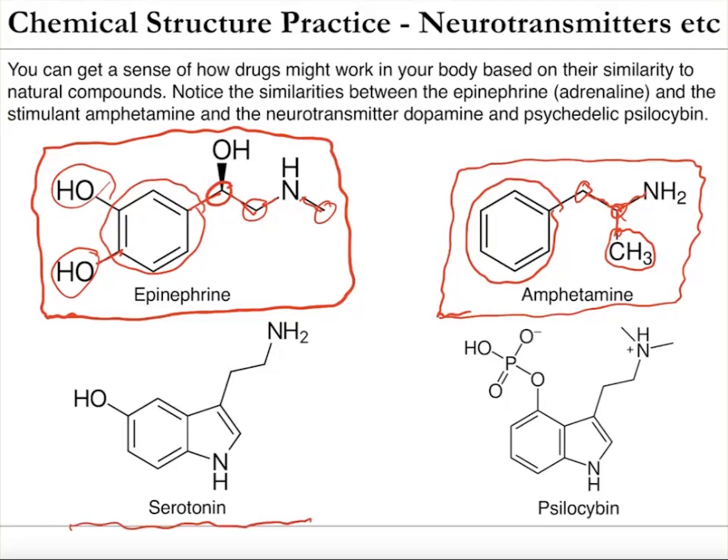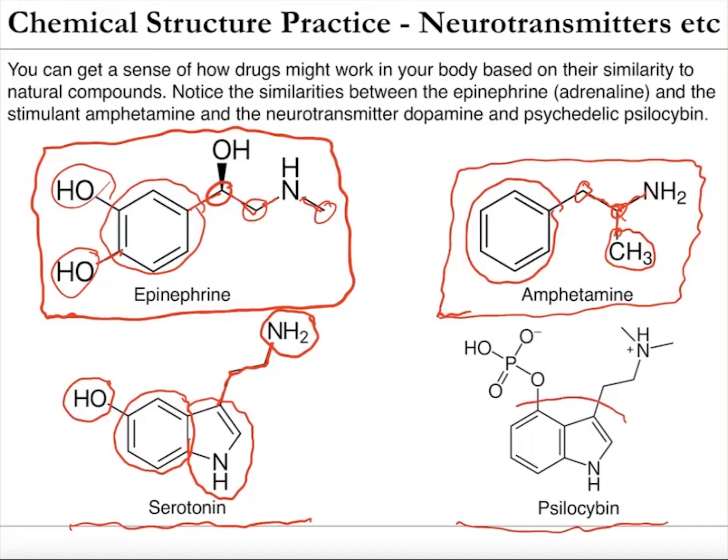The same thing with serotonin. So you can see serotonin has this interesting phenyl ring, and then another ring that contains a nitrogen group. It's got this OH coming off here, and then it's got carbon, and then an amino group right here. So the molecule that's in what are called magic mushrooms or psychedelic mushrooms is psilocybin. And you can see, although it's not really completely understood how it has the effects that it does, it can actually bind to the same serotonin receptors, which affect how your brain functions.